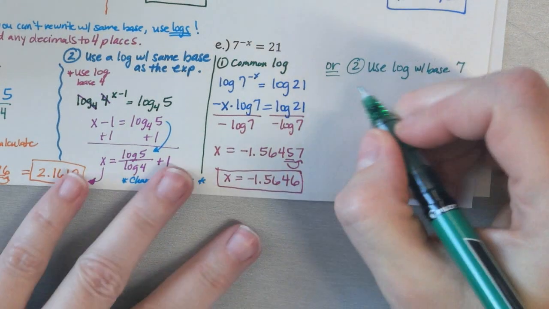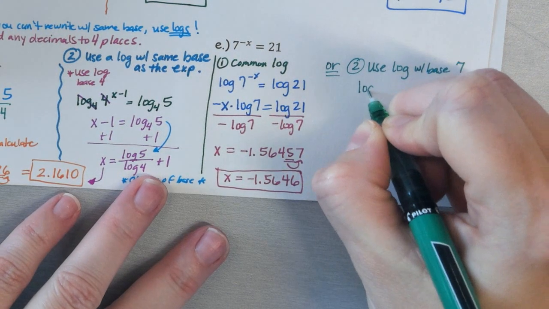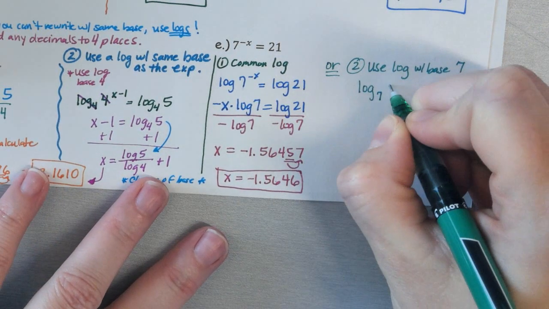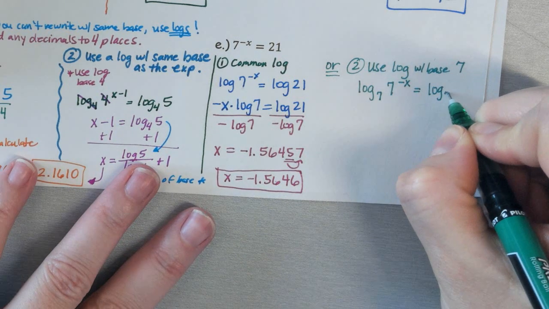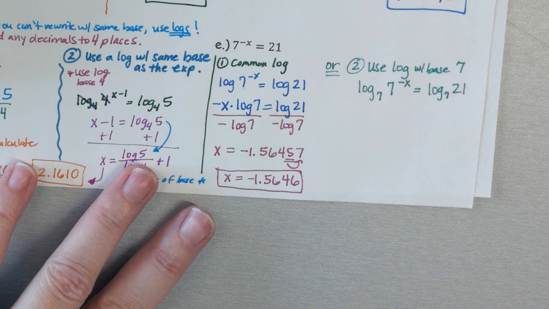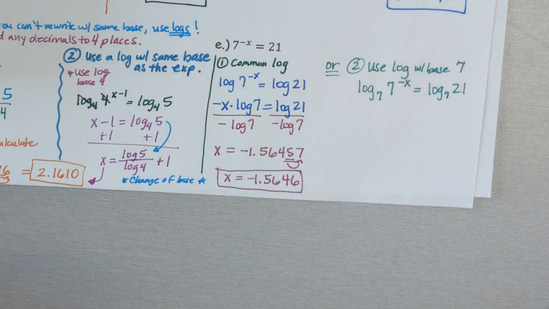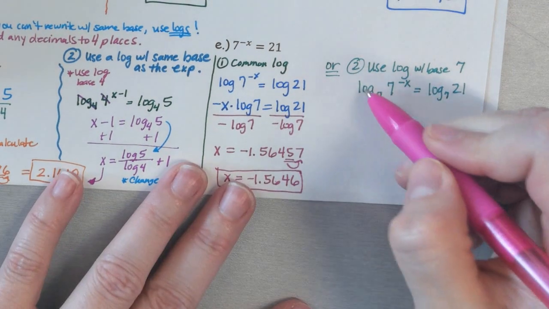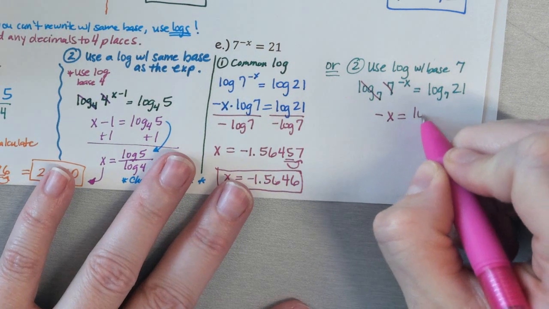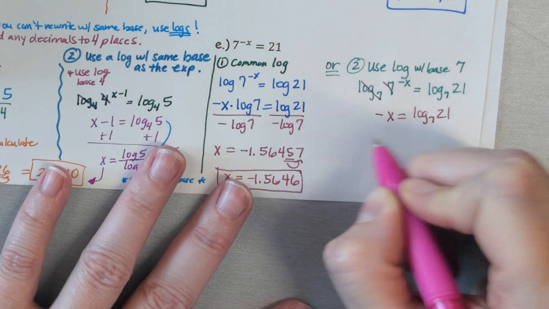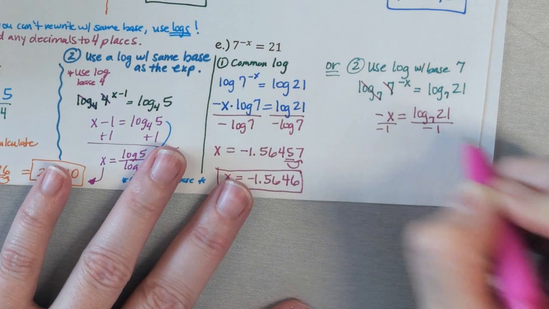So the other way would be to use log base 7 on both sides. Using the log base 7 is nice because you can cancel those out on the one side. And as long as you know your change of base formula, you're all set. So show me this step, show me the cross out. Negative x equals log base 7 of 21, and then you would divide by negative 1.